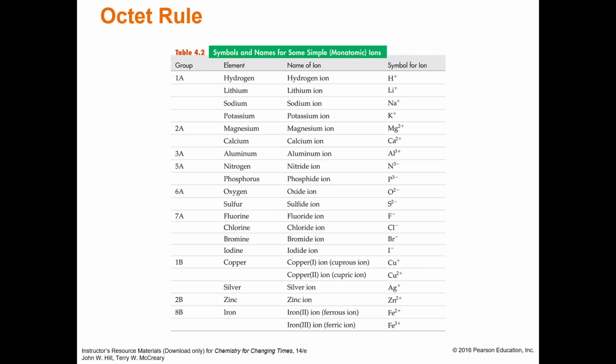Most transition metals have multiple charges they could be. And so when you talk about a transition metal, you typically have to tell the charge it is. So for example, copper with a 1+ charge, that would lose 1 electron, would be copper(I) ion, or cuprous ion, as you see right here. This is the common name, by the way. This is an old way of naming.